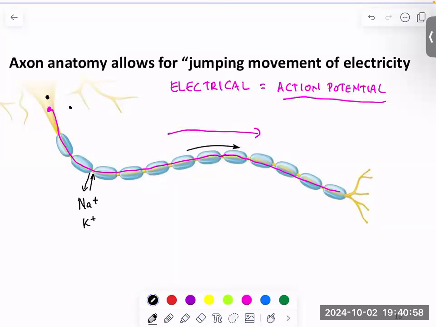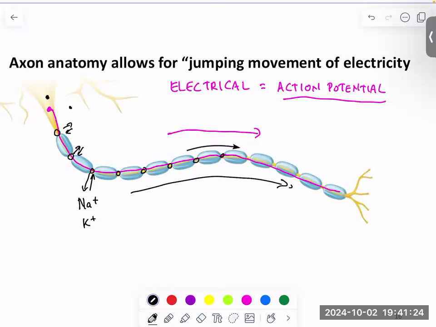So when it comes time to send a signal, sodium and potassium are exchanged here. Then it jumps to this point. Sodium and potassium are exchanged here. Sodium and potassium are constantly exchanged through the axon, extremely rapidly moving an action potential down the axon.